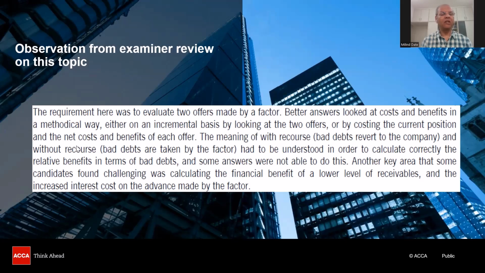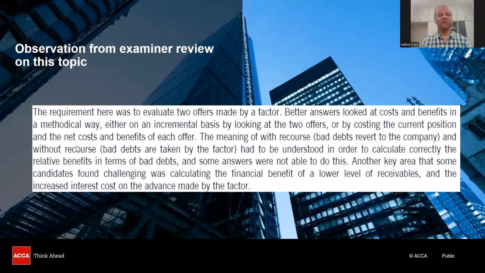They said the requirement was to evaluate 2 offers made by a factor. Better answers looked at the costs and benefits in a methodical way.